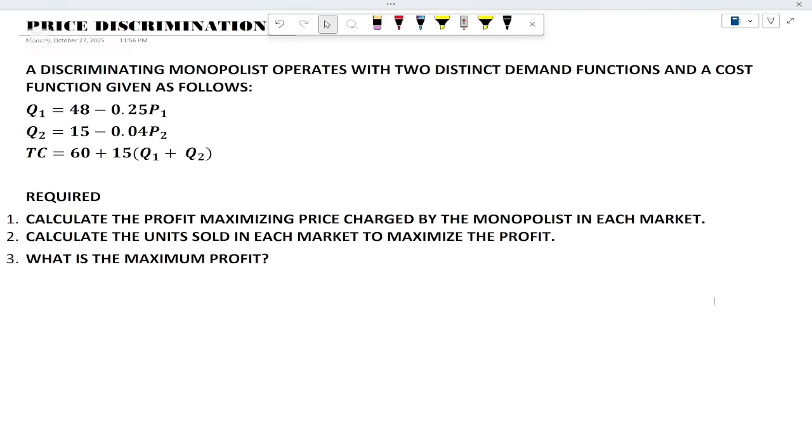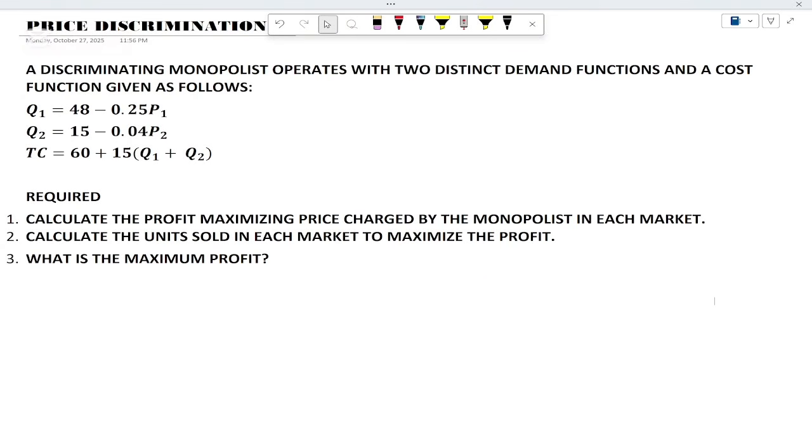So you're going to have something that looks like this, where Q1 represents the first market and Q2 represents the second market, with the TC being the cost function.